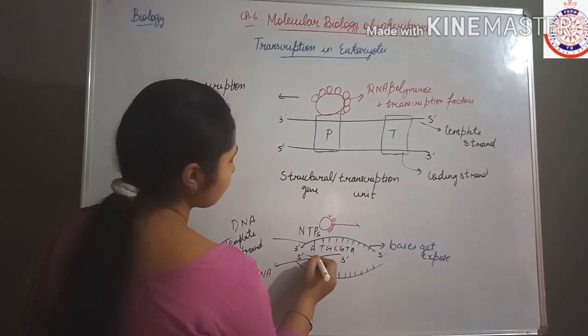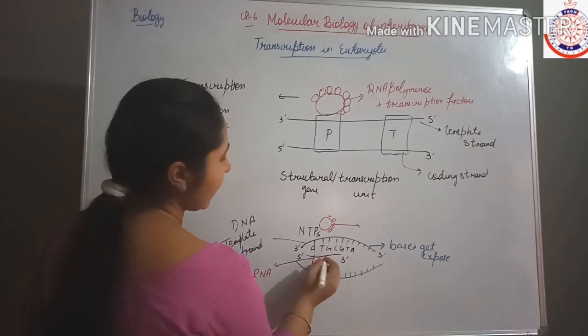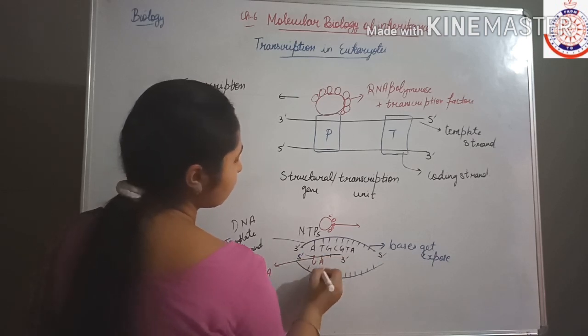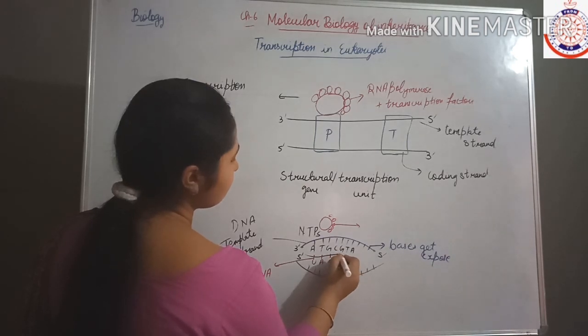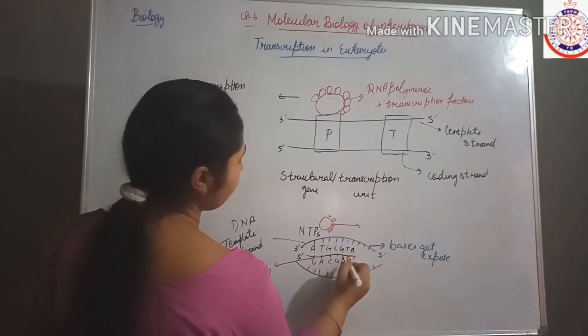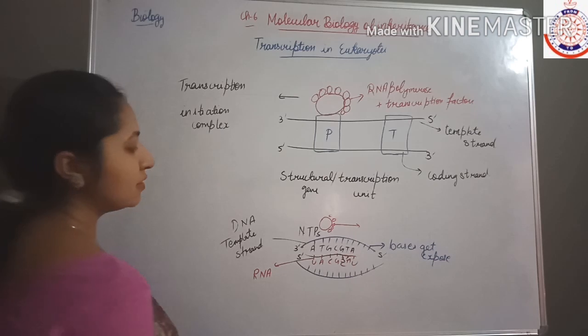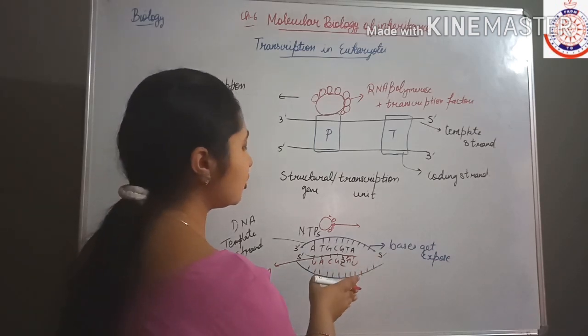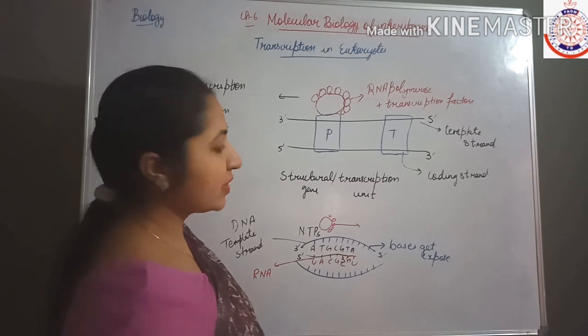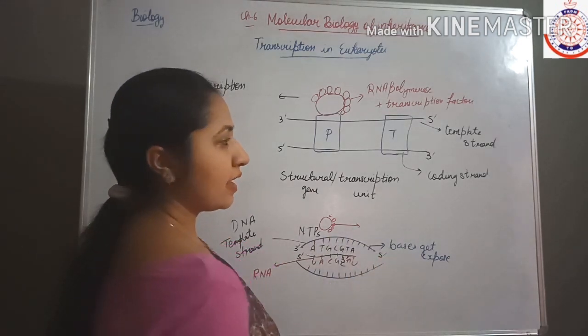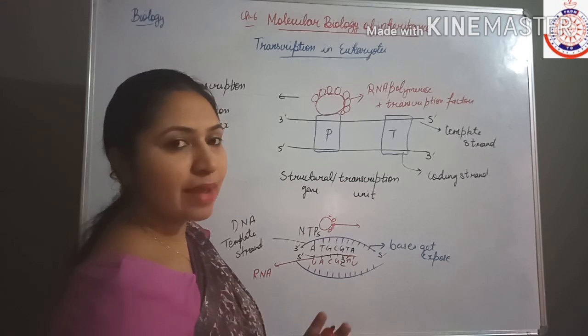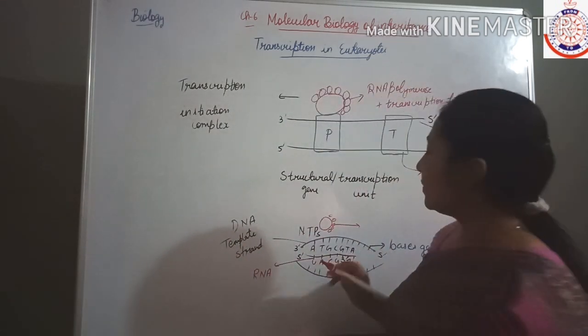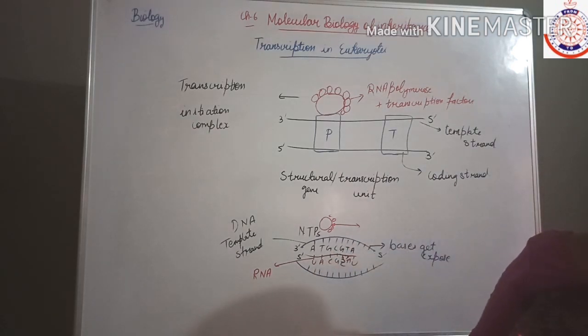So having the bases like A, it will base pair with U because this is the RNA chain, T with A, G with C, C with G, G with C, T with A, and A with U. In this manner the NTPs join on the basis of complementary base pairing present over the DNA helix, and only one strand, the template strand, forms complementary base pairing with the RNA, meaning only one RNA is transcribed from the DNA helix.